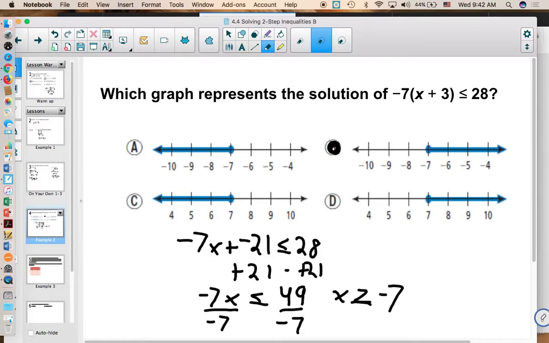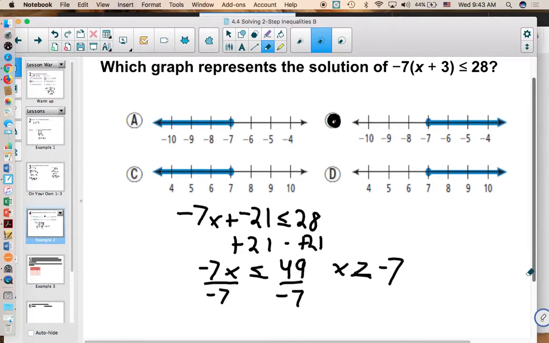She says B. Do you agree with her? Yes. Do you know where it's coming from? Yes. Okay. Did anybody solve it differently than the way she solved it? Marissa, talk to me. You solved it differently, right?